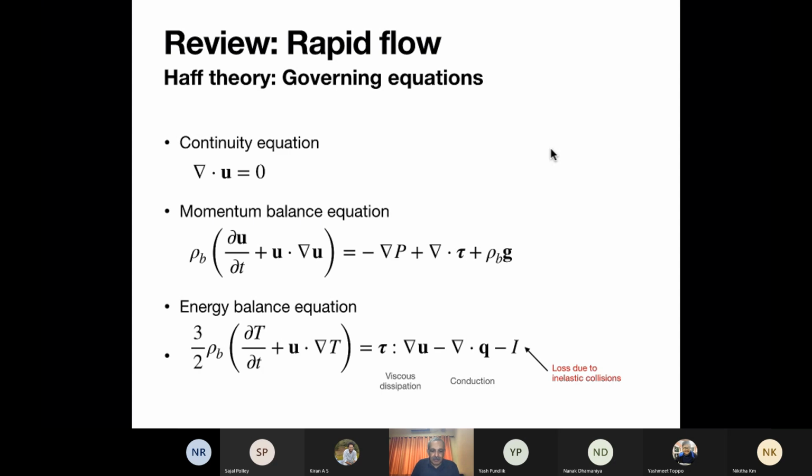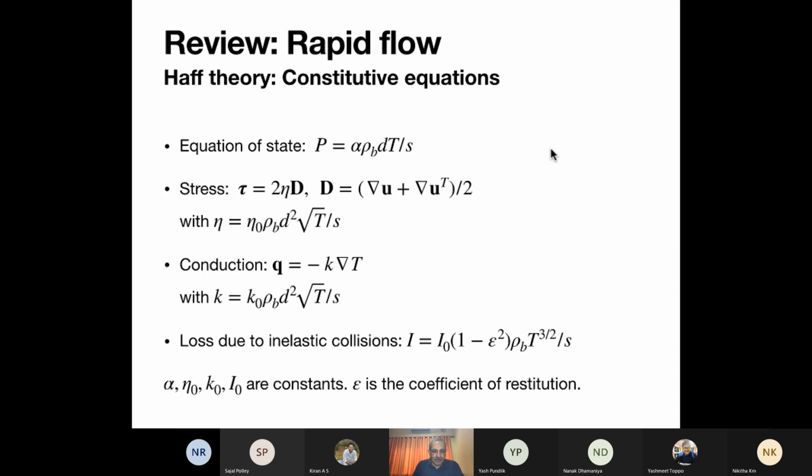In this theory, if you look at the equations, they just look like the governing equations for fluid flow. The only thing extra is this loss due to inelastic collisions. And then we can get expressions for the pressure, the stress tensor, the viscosity, thermal conductivity, and loss due to inelastic collisions.